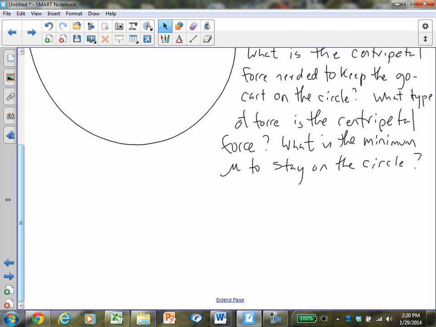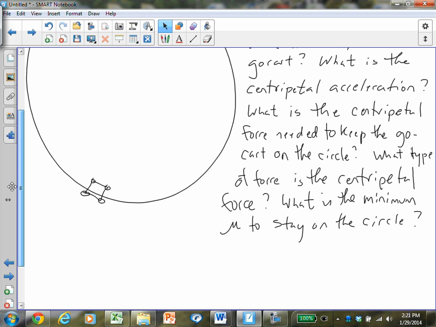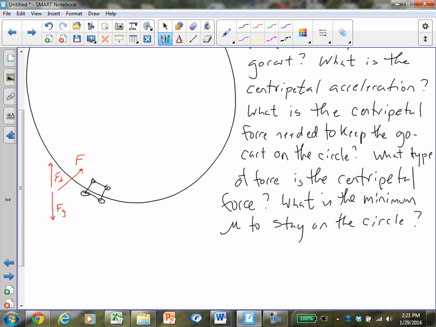Okay, so the go-kart goes around. And so if we were to draw the free body diagram, you've got FG down and F perpendicular up, and then towards the center of the circle is FF. That FF ends up being the centripetal force.